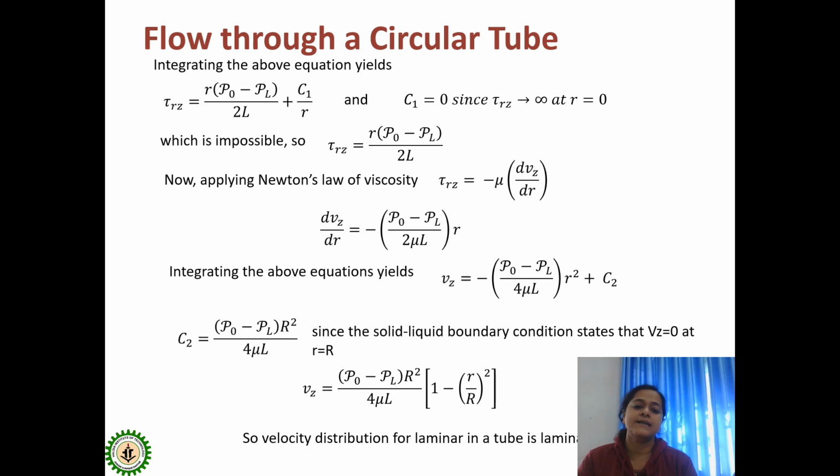After that, integrating again, Vz equals minus (small p0 minus small pL) divided by 4 mu L into r square, plus C2.